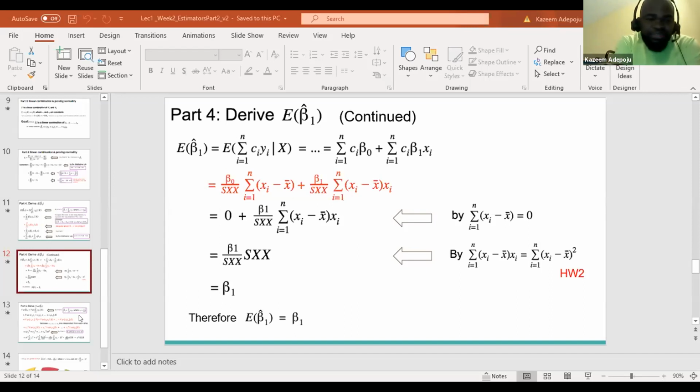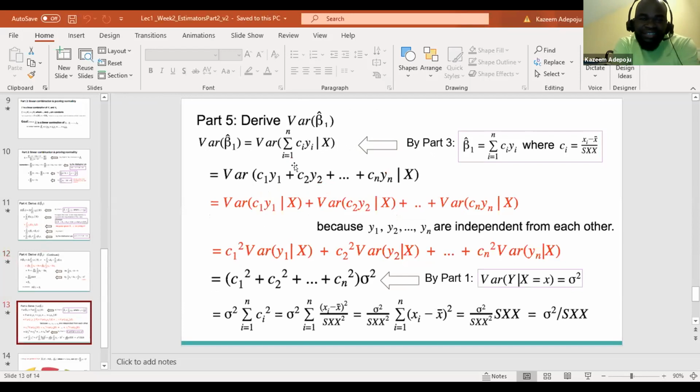That is what we're doing here in slide 13. If you look at slide 13, what is this? We want to derive the variance of beta 1 cap. We need a formula to figure out the variance of beta 1 cap.